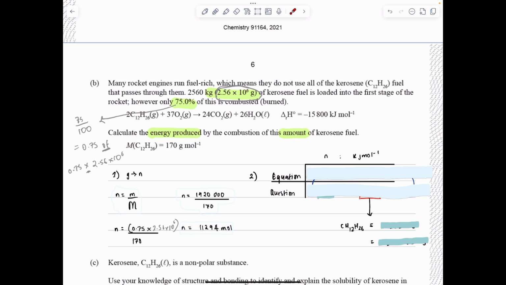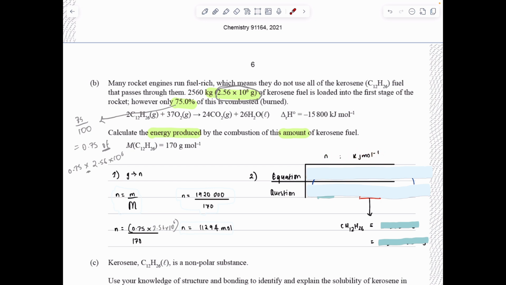Whenever you get a question where it's like, how much energy is produced for a certain amount, you are going to use this table method, this bit of ratios. You're going to get information from the equation, which is over here, and compare it with the information that they give you from the question. The information you're looking for is moles against the energy produced.